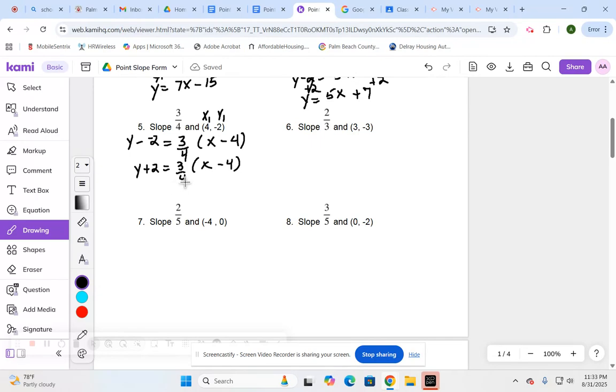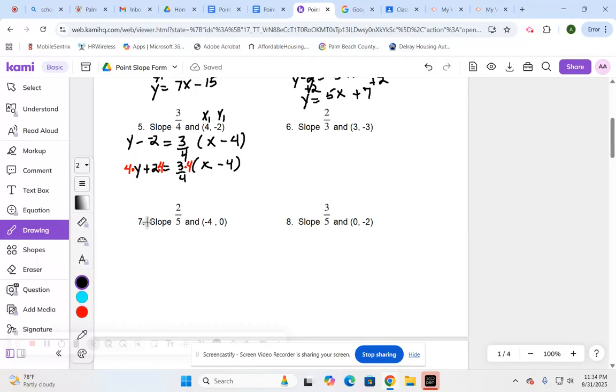All right, so we want to get rid of this fraction to make it easier to simplify. So let's multiply through by 4. Let's multiply every term by 4. Here, here, and here. Okay, we don't need to multiply anything inside by 4 because that 4 is going to get distributed.